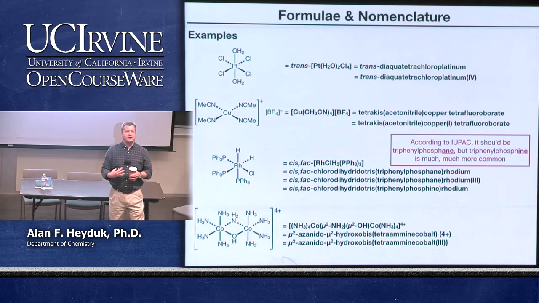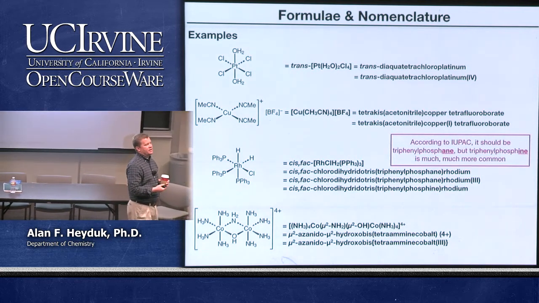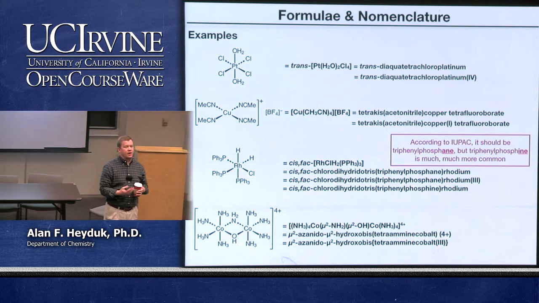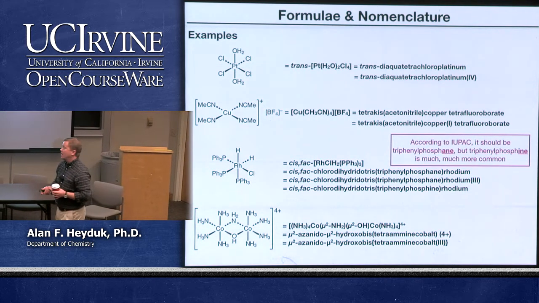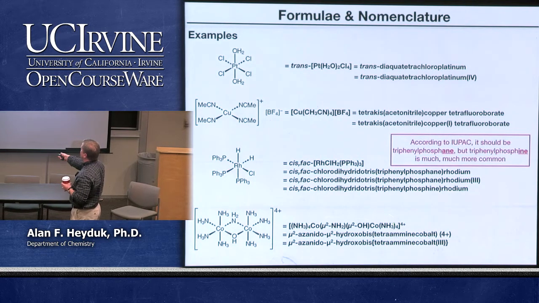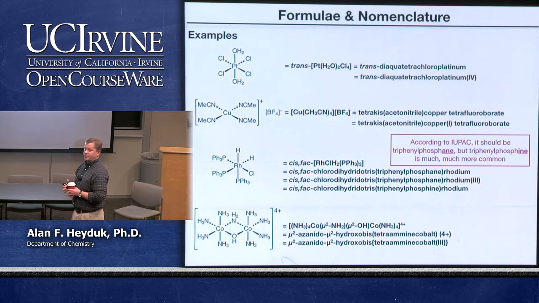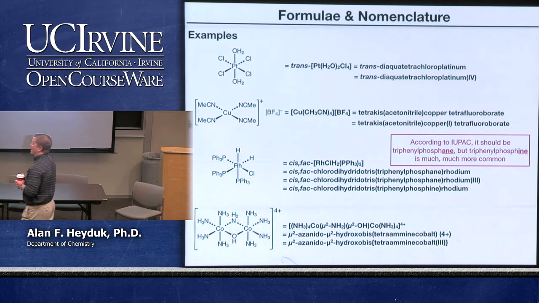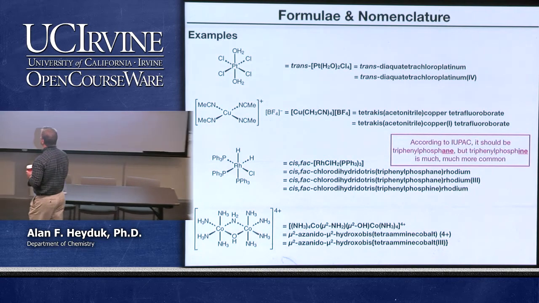So we can write the formula in a way that gives some indication of the overall structure of the dimer, right? You have a cobalt with 4 amines on the left, a cobalt with 4 amines on the right, and those 2 cobalt centers are bridged by a hydroxide and an azonido ligand.